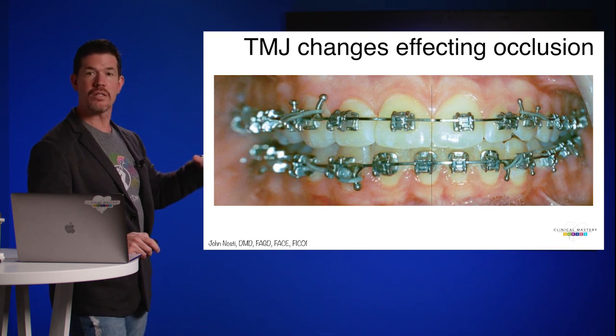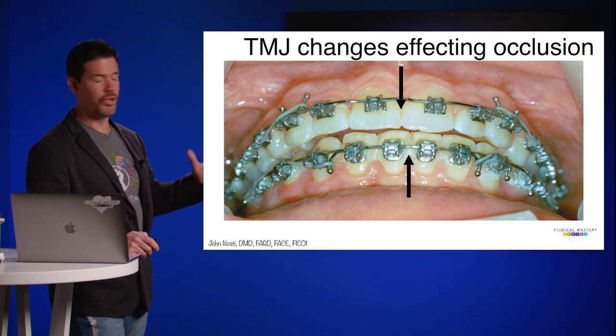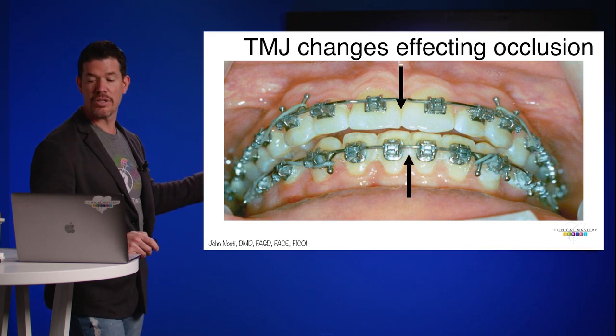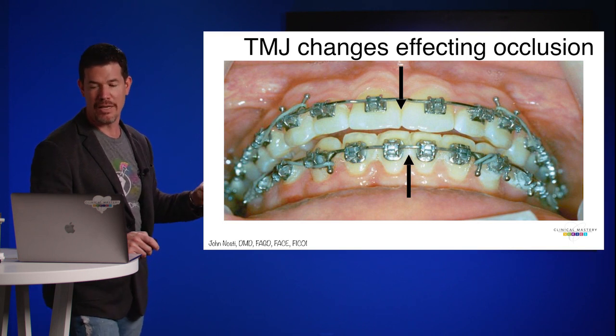Likewise, this person has an overbite relationship that we can see maybe a 1, maybe 2 millimeters of overbite, but we can also see, looking underneath the patient, like in this picture, this patient has an anterior open bite.